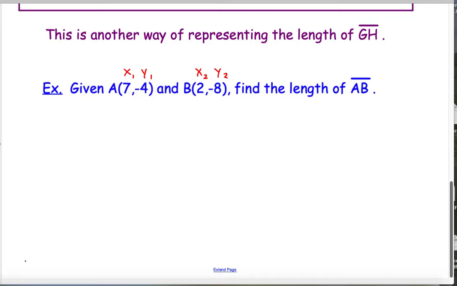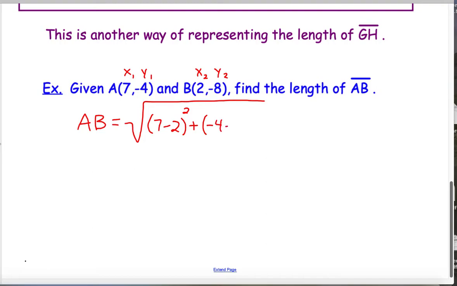And then the length of AB, so AB equals big square root, subtract the x numbers. 7 minus 2 to the second power plus, now subtract the y numbers. Careful here, negative 4 minus, and the next y number is a negative 8 to the second power. And away we go.